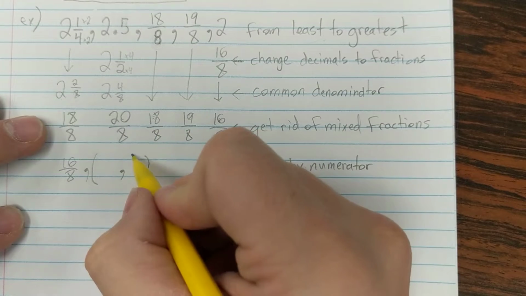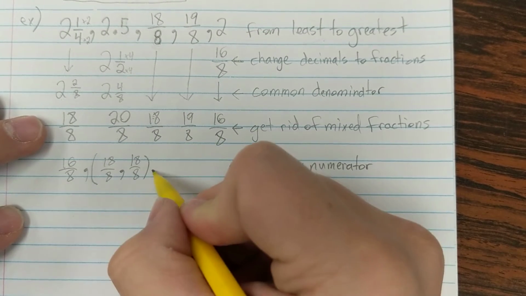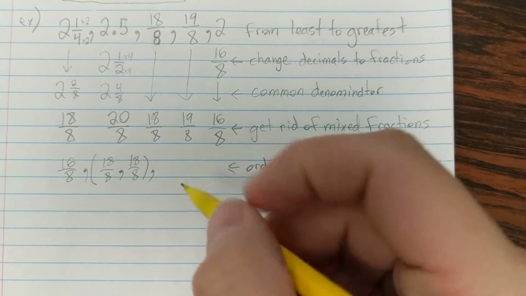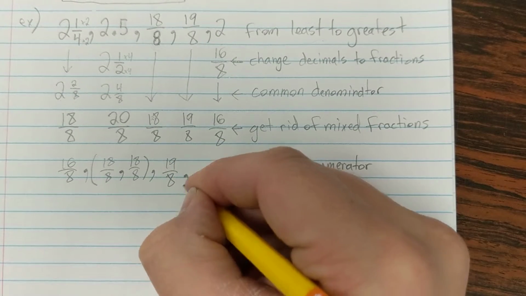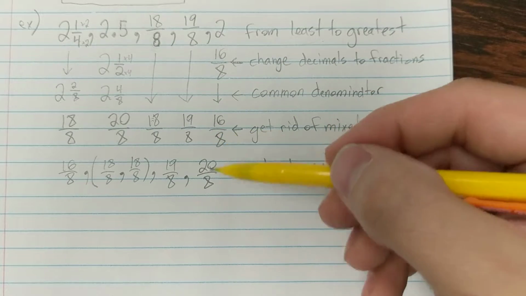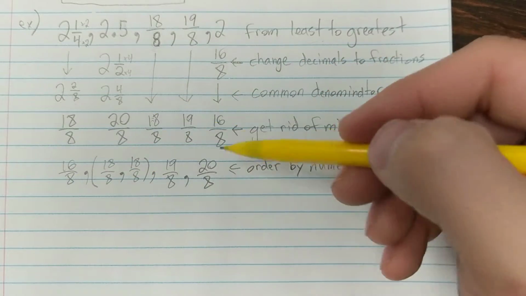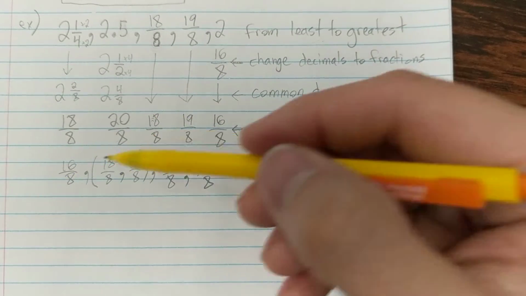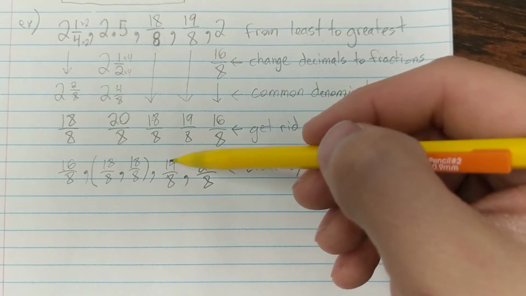So I'm going to put an 18 over 8 and an 18 over 8. I put them in brackets in the list just to say that those are actually equal. And then 19 is the next biggest number. And then finally 20. These are now in order, not in a row or a column anymore. You'll see 16, 17, 18, 18, 19, 20.